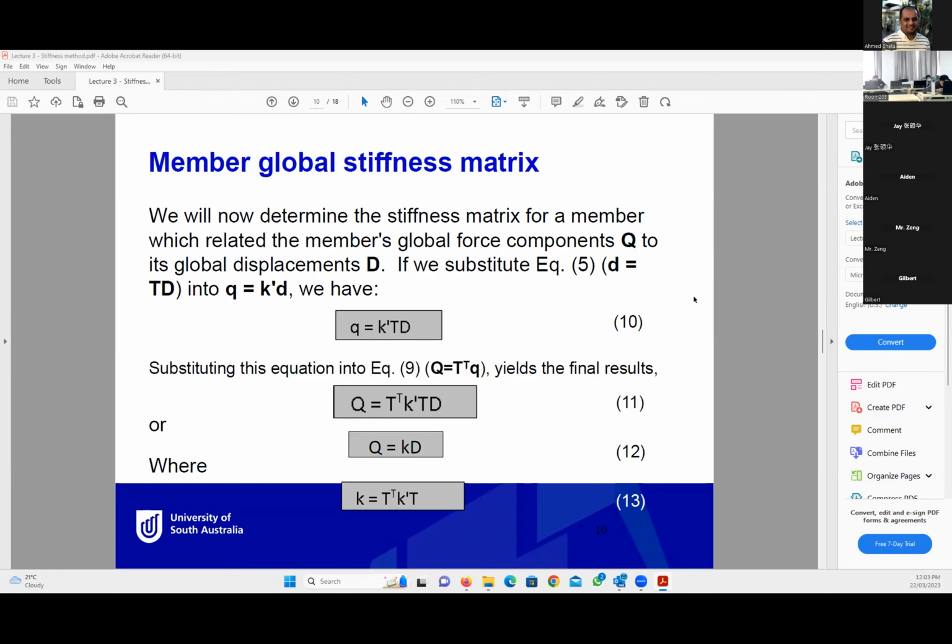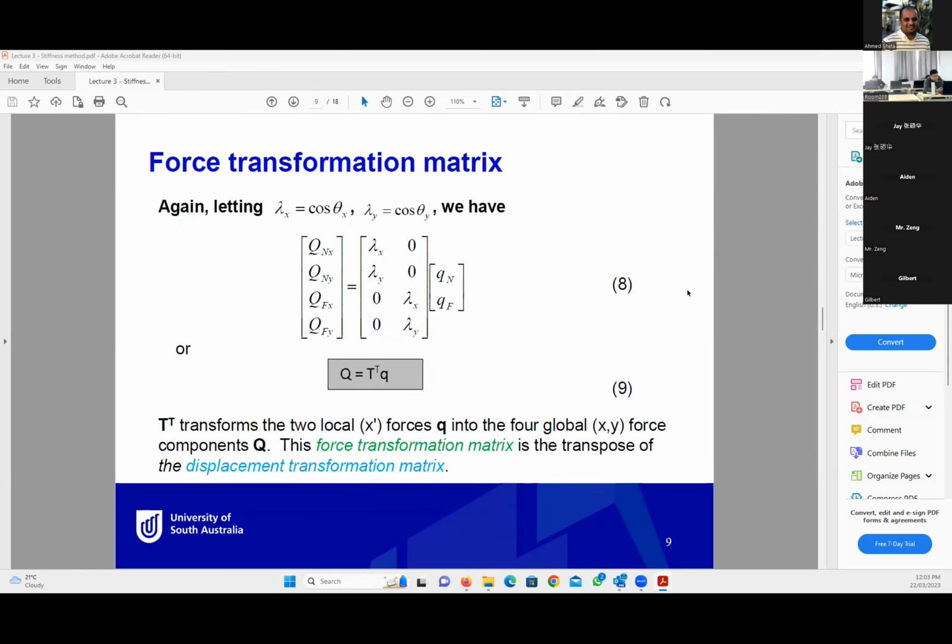So before the break, we reached the force transformation matrix, which is quite similar to the transformation matrix for displacement.